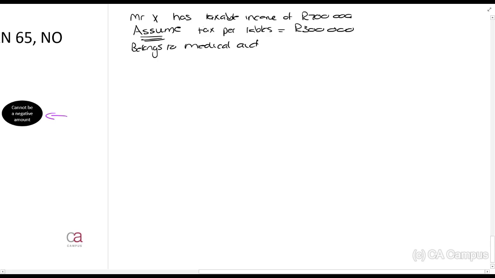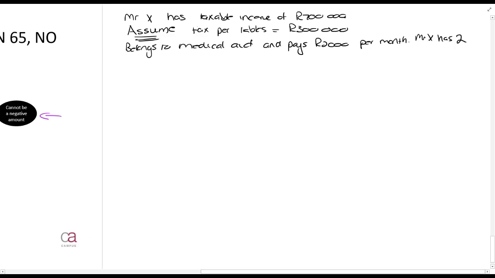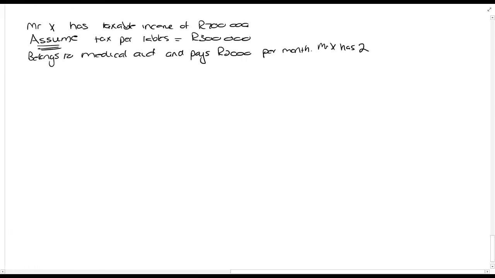It belongs to the medical aid and pays 2,000 rands per month. Mr. X has 2 dependents.